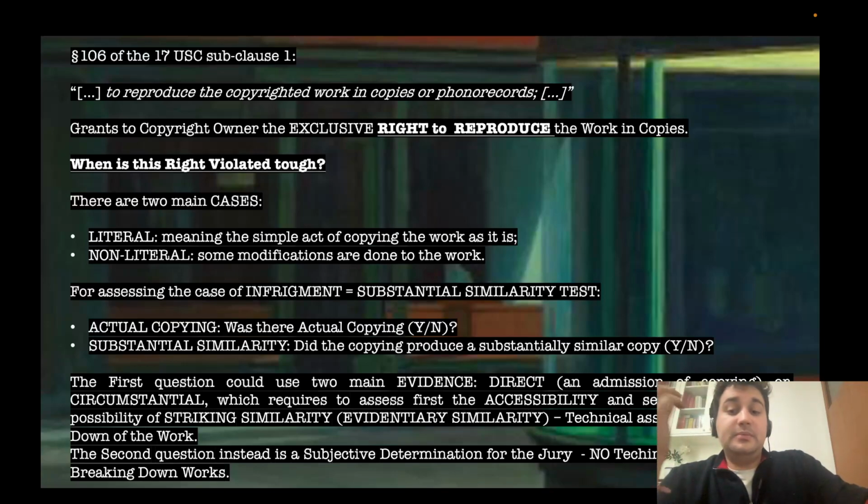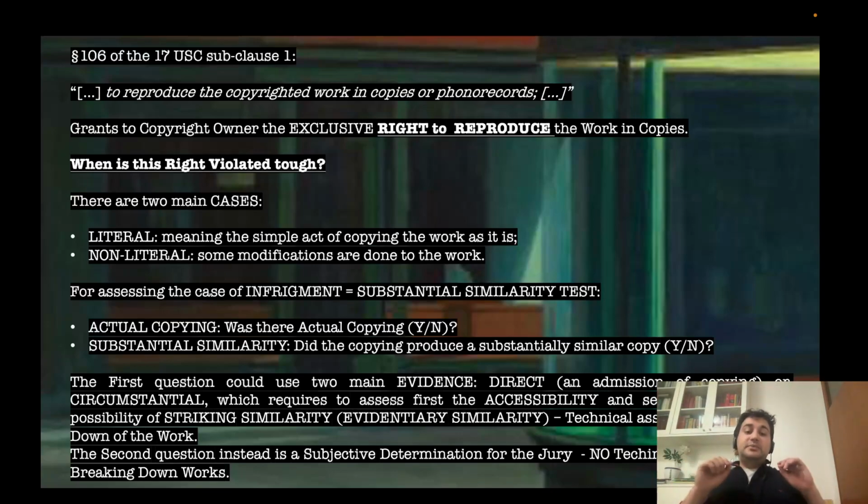This could be done both with technical assistance and the breaking down of the work. But the second question, the striking similarity, is a subjective determination for the jury. So the second part of this evidence will come without technical assistance, nor with the breaking down of works, the dividing of works and checking what is copyrighted and what is not.